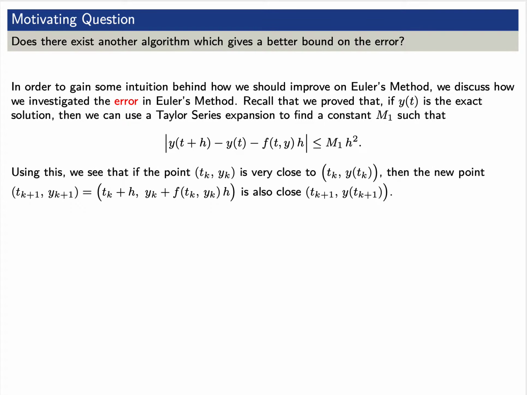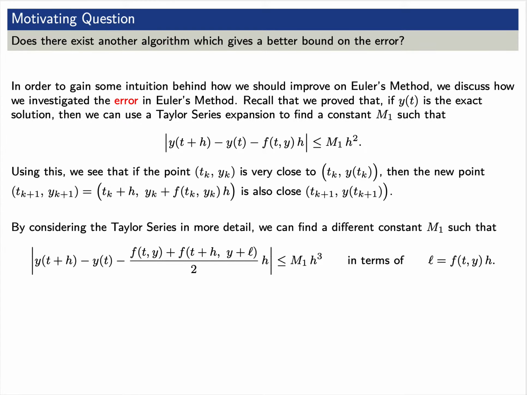Using this, we see that if we have a point (tk, yk) that's very close to the actual point (tk, y(tk)), then the new point (t_{k+1}, y_{k+1}), which is defined as tk + h, yk + f(tk, yk) h, is also close to the actual point (t_{k+1}, y(t_{k+1})).